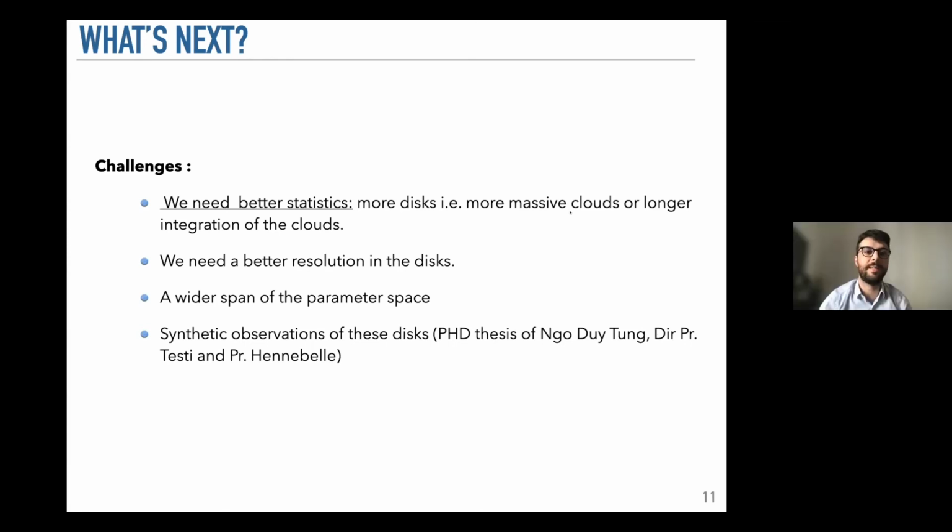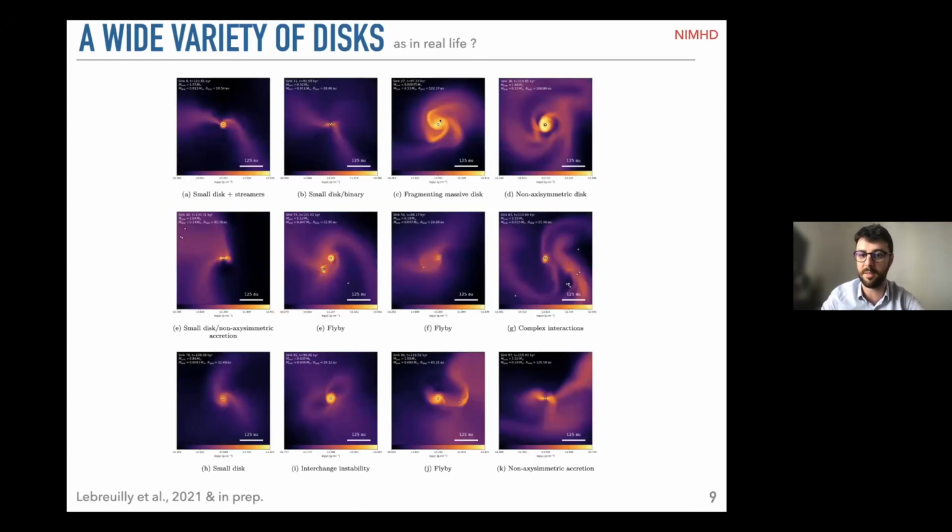I cannot really say for sure that we want to prevent fragmentation. I mean, we want to prevent numerical fragmentation. That's for sure. And in this case, feedback seems to be efficient at removing fragmentation. I didn't see very many fragmenting disks. In fact, most of the time they start to fragment into spirals, but that is definitely a real effect, because the disks that are fragmenting are typically the biggest disks.